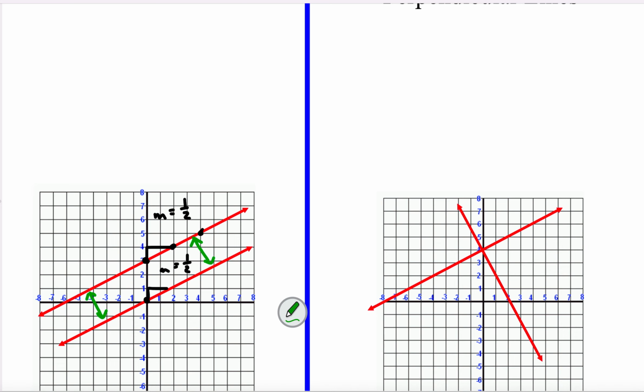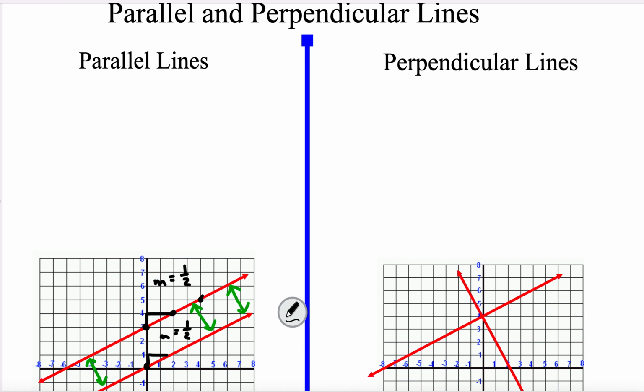If you were to measure that distance every single time, it is the same at all times, because those are parallel lines. You can also tell because the slopes are the same here. So something we want to say about parallel lines, they have the same slope.